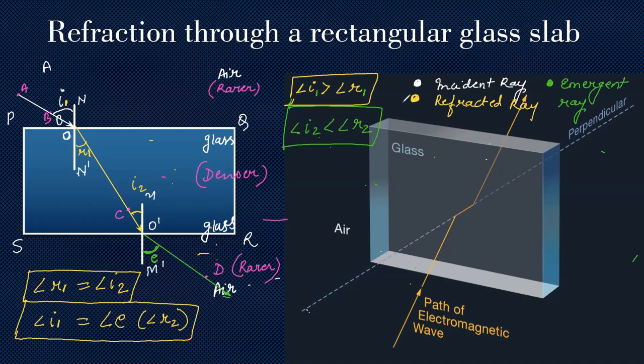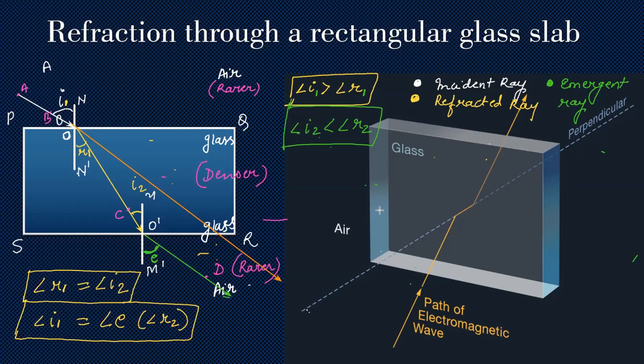Where would the original incident ray have been? If I just extend this original incident ray, this orange line, and compare it with the green line, the last emergent ray because of the bent light.